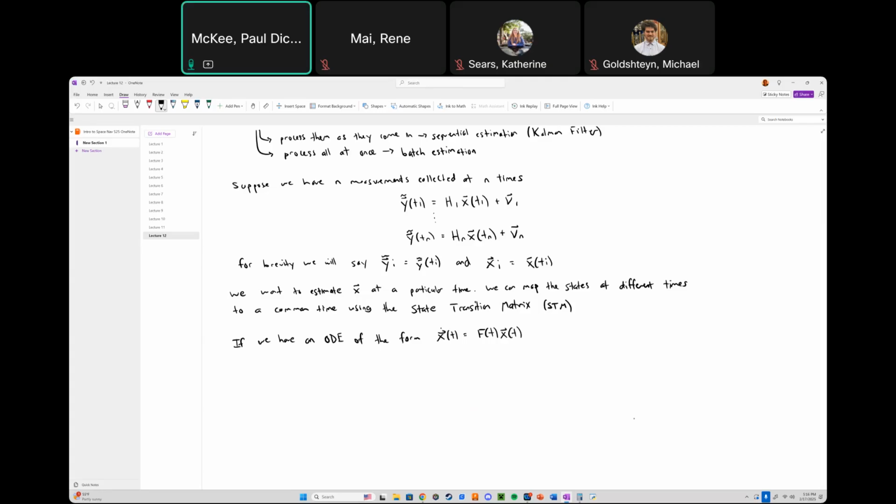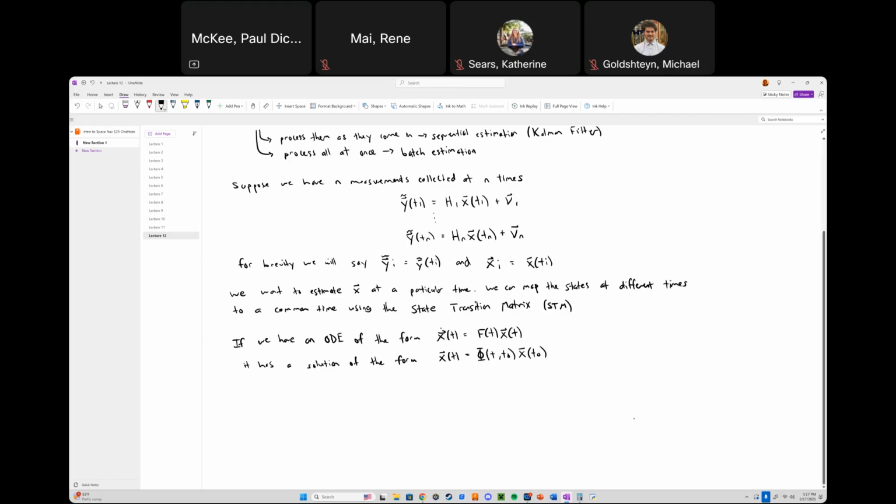So there's just a matrix F mapping your current state to its own derivative. You can use this to solve this ordinary differential equation. It will have a closed form solution of the form x of t is equal to phi(t, t naught) times x of t naught. Okay.